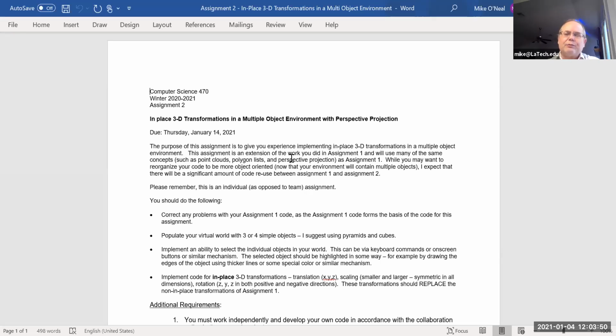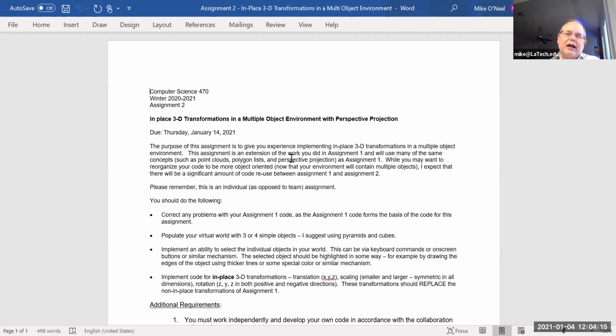By having you create multiple objects, those of you who are itching to make your code more object-oriented, more modular, this will be a good excuse to do that, so that you can apply operations to individual objects rather than having them be global.